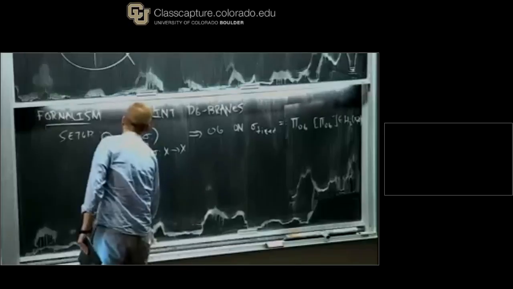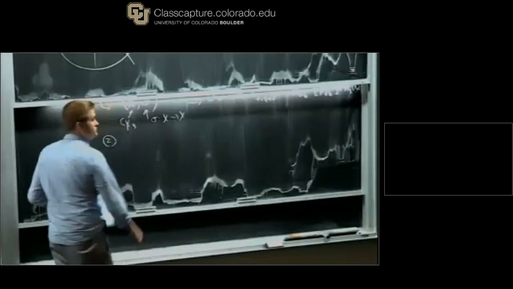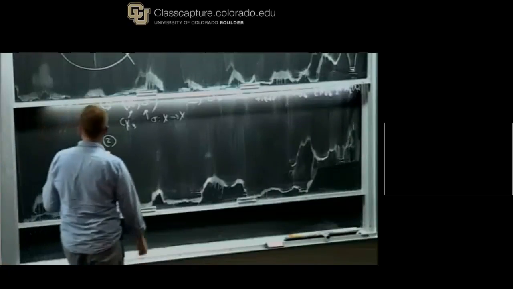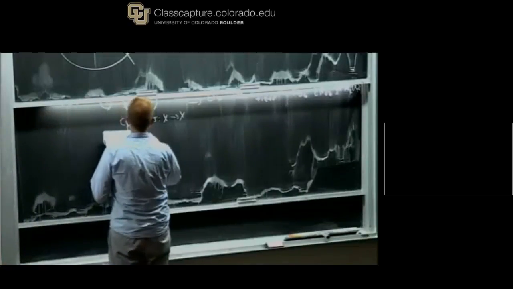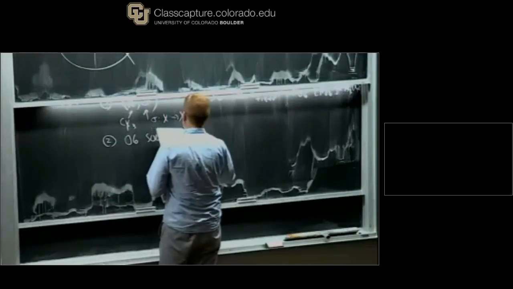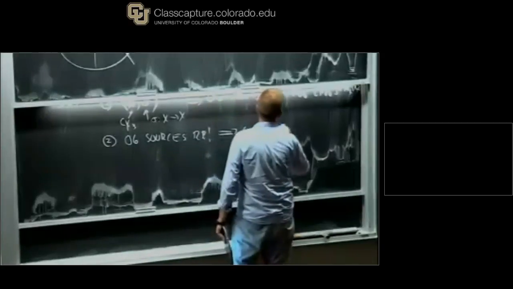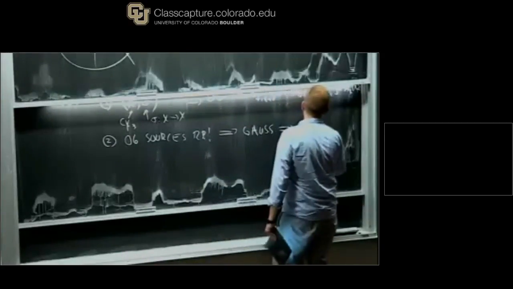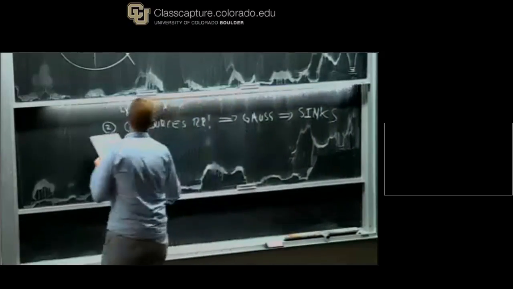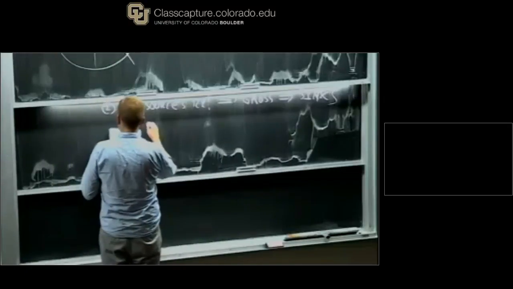But, of course, as Timo already talked about, you can't just insert branes into compactifications willy-nilly, because there's a Gauss law constraint. O6 sources are RR fields. And if you have sources, the Gauss law implies you need sinks. So in particular, what I'm going to do is introduce D6 branes to cancel that charge.